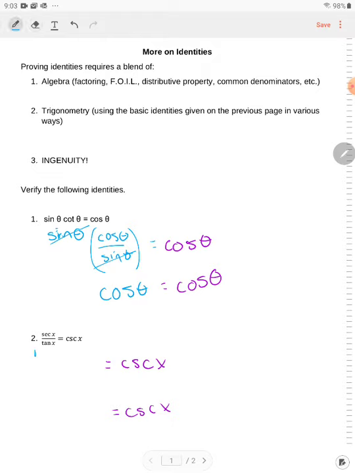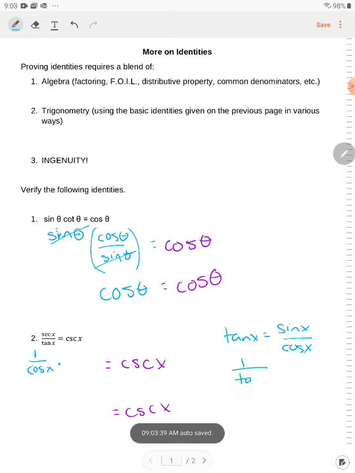Secant is 1 over cosine. And tangent is sine over cosine, so if you flip it, 1 over tangent, which is cotangent, is cosine over sine.